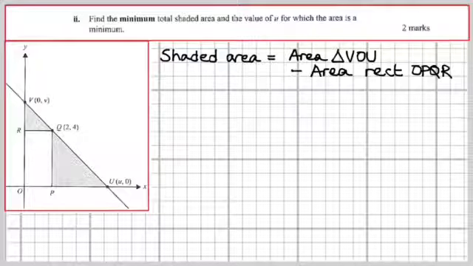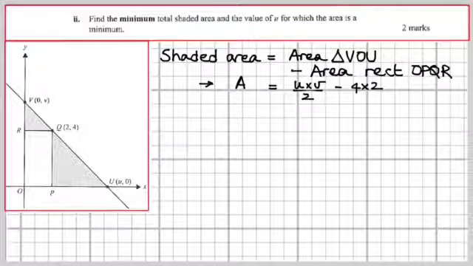So, would you agree? The shaded area is the area of triangle VOU minus the area of rectangle OPQR, yes? Now, the triangular area is just the base times the height over 2, which is U times V over 2, minus 8, which is the rectangular area. Okay, that's nice and simple, isn't it?